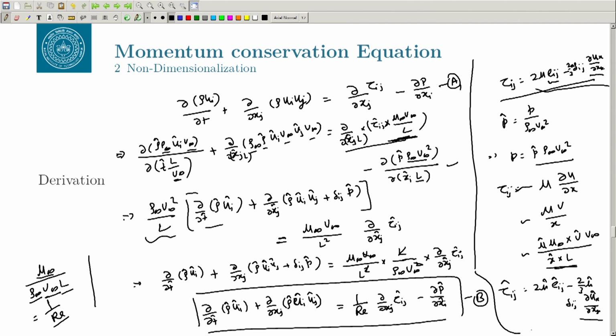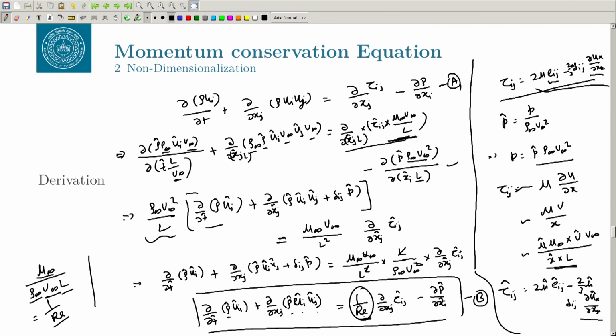The only difference you will see is that you have this 1 by Re term appearing in your viscous stress term, and that is a very important term. Whenever you use a non-dimensional solver and fix your Re, how the viscous force contributes in the flow will be dictated by this 1 by Re number. That is what this equation says.